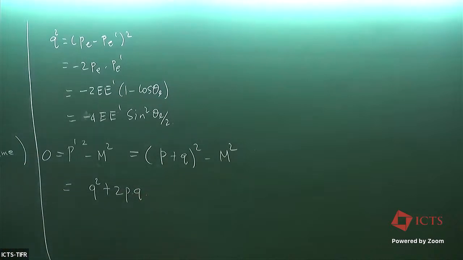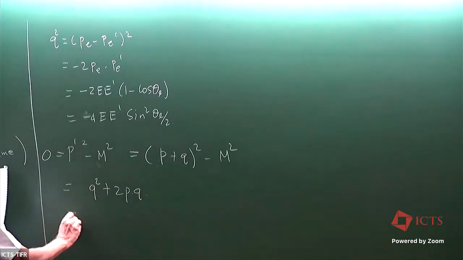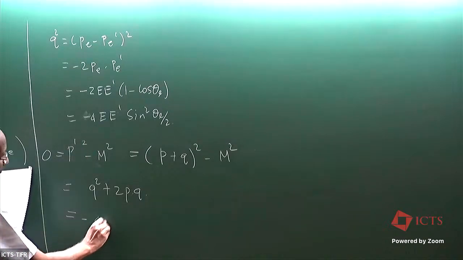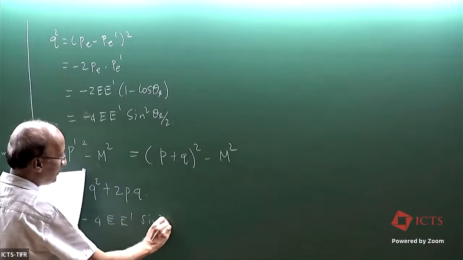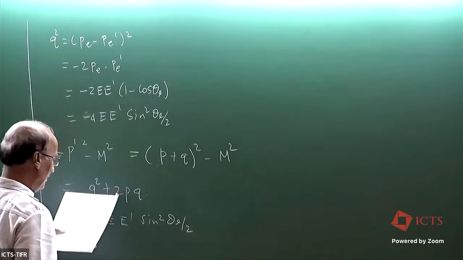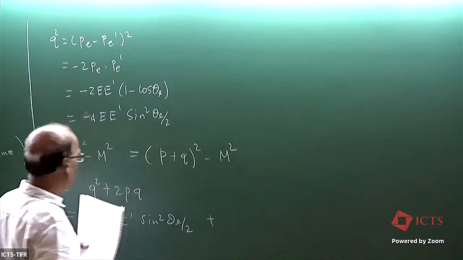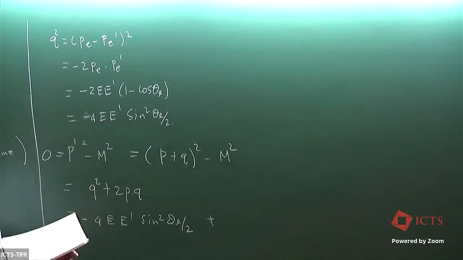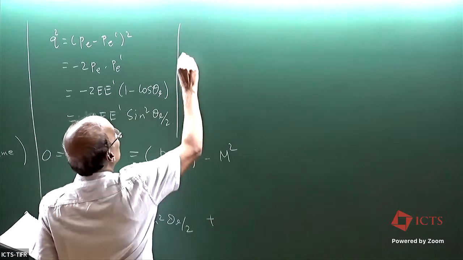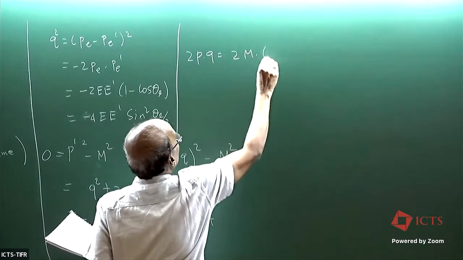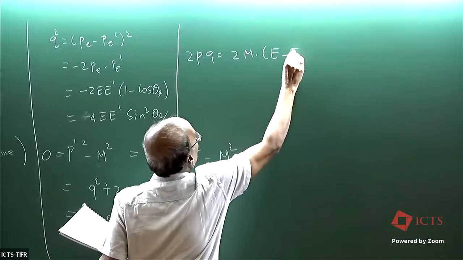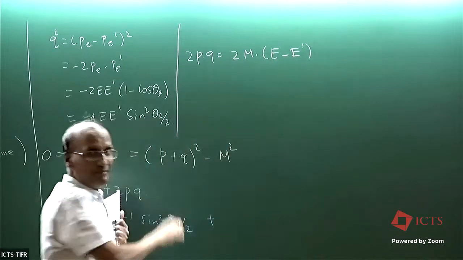Now q^2 I just worked out, so it is −4EE' sin^2(θ_L/2) + 2p·q. What is 2p·q? It is 2m times q^0, which is E − E', in the rest frame.